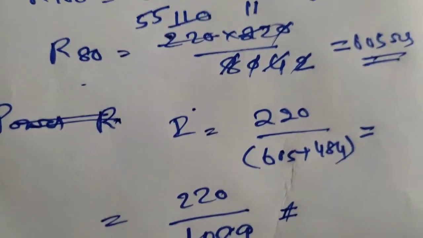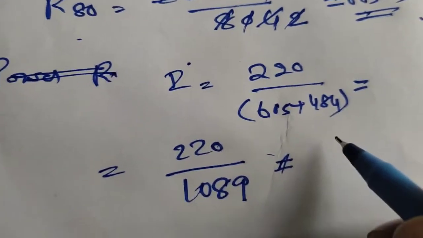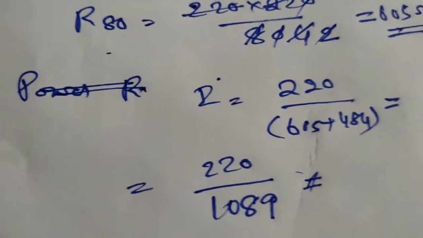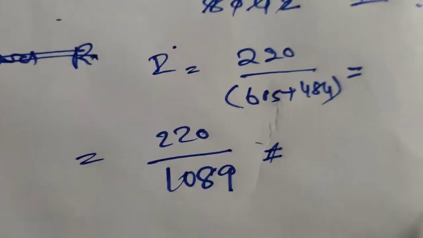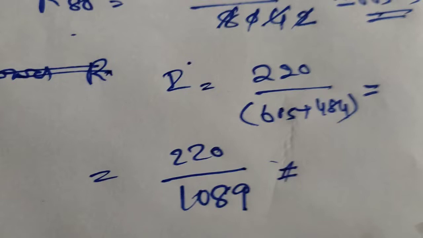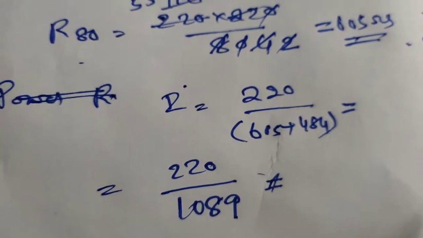Now current into resistance, you can find out the voltage across each bulb. Now I squared R, we can find the power dissipated.